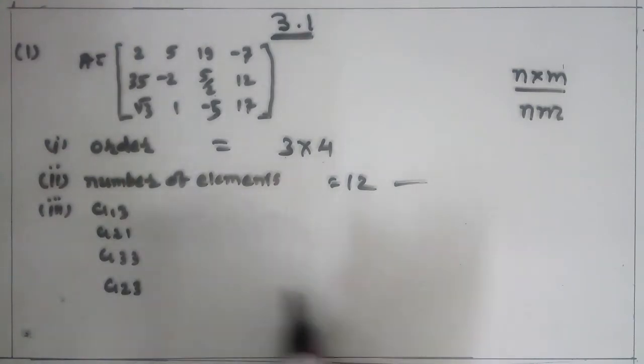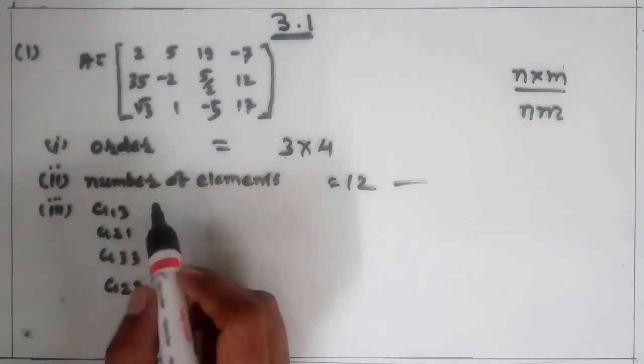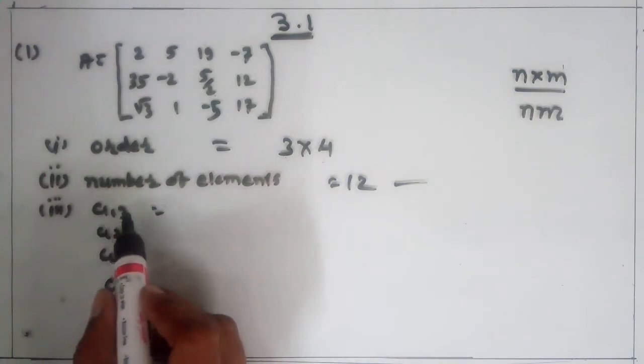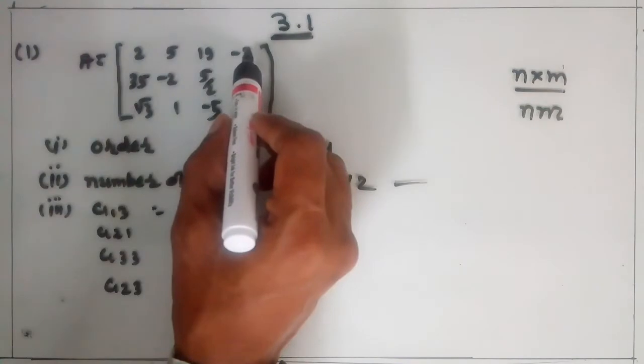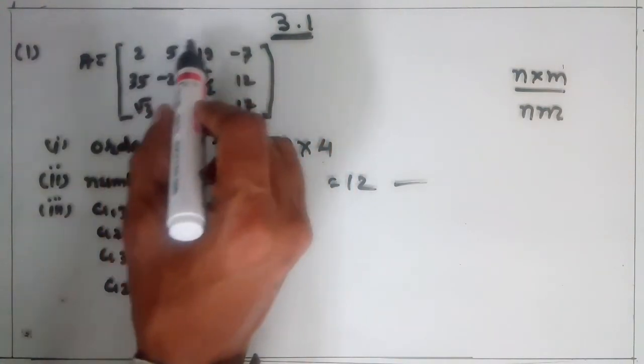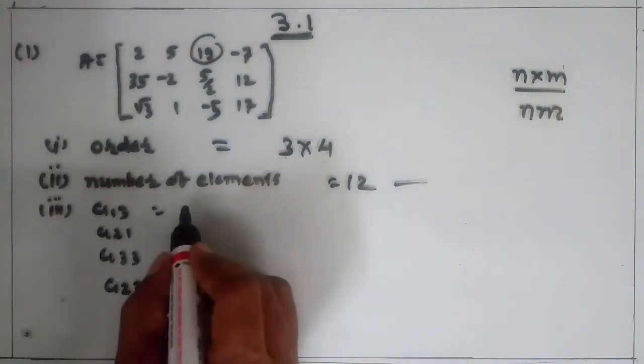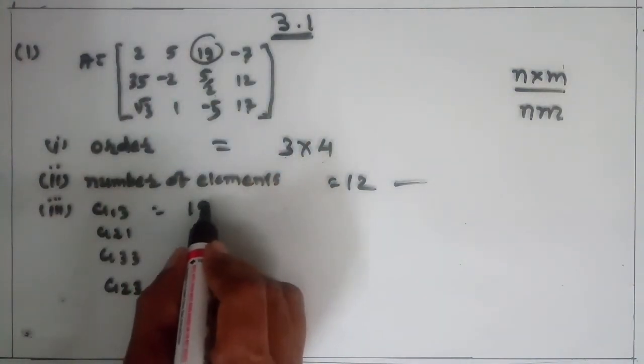Now find A13. A13 is the member which lies in the first row and third column. First row and third column. So this is A13. Clear? So A13 is equal to 19.